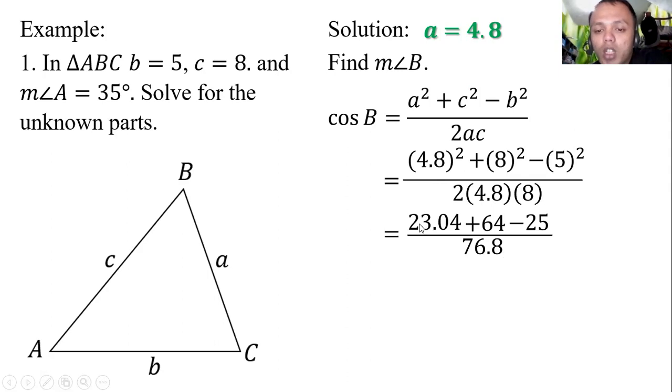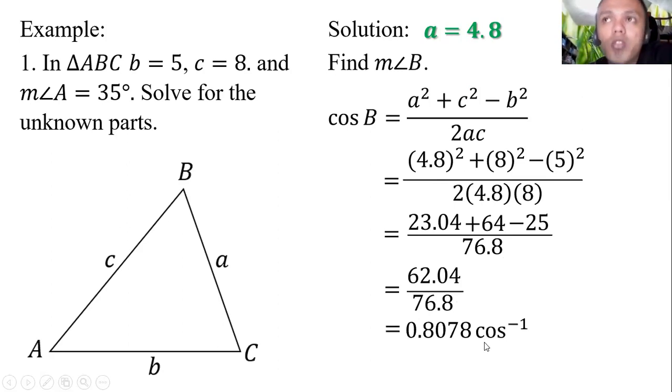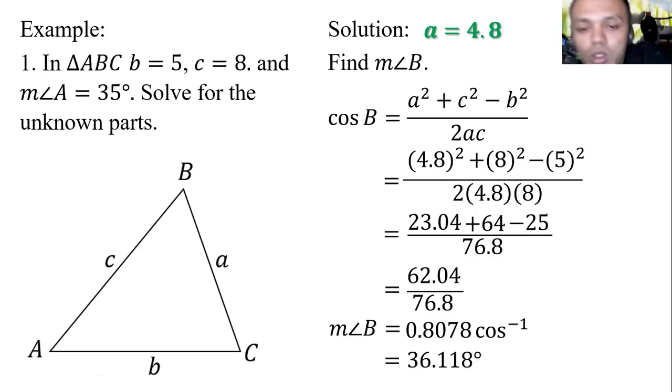Now add and subtract: 23.04 plus 64 minus 25 is equal to 62.04, divided by 76.8, and that will be equal to 0.8078. Now, what is the degree value for 0.8078 in cosine? That is equal to 36.118 degrees for the measure of angle B. Okay?